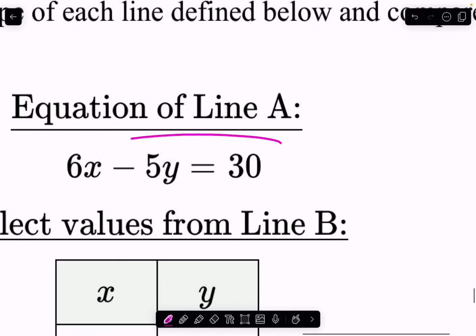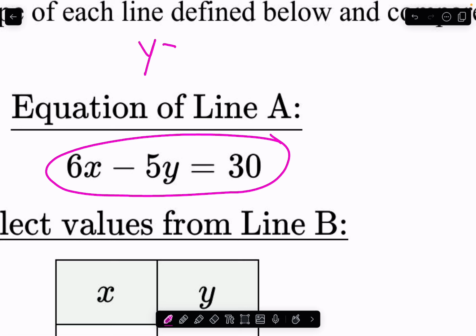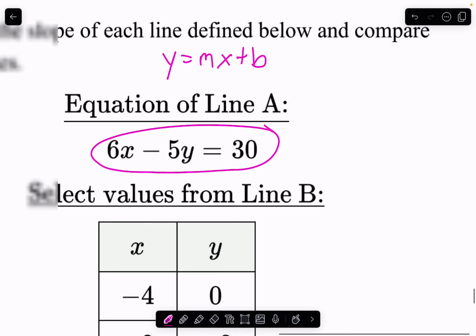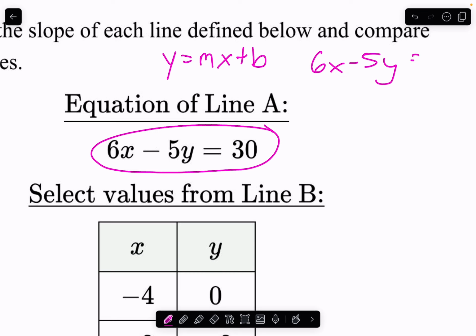All right. So for this one here, this is not in y equals mx plus b. This is in standard form. So in order to find the slope of this guy, we got to get it in y equals mx plus b. So we're just going to go ahead and solve for that. We're going to subtract 6x from both sides. So we've got negative 5y equals negative 6x plus 30.